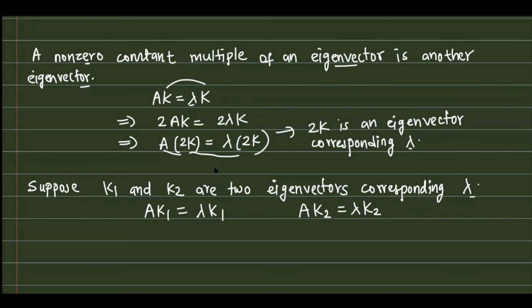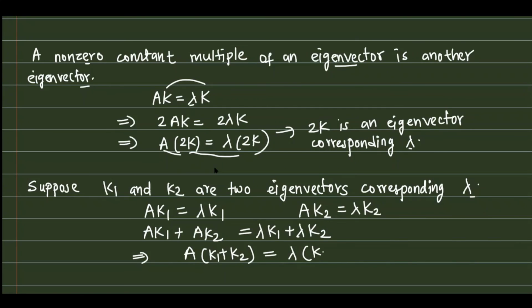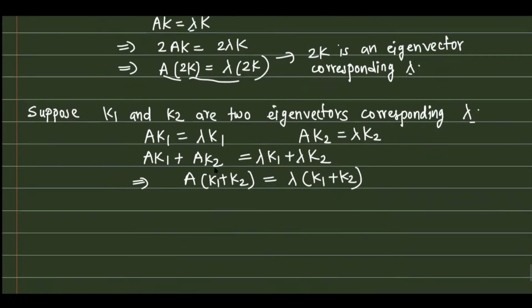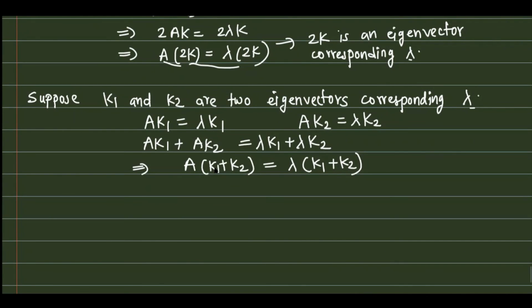Now, if we add these two, we will get Ak1 plus Ak2 is equal to lambda k1 plus lambda k2. So this can be written as A(k1 plus k2) equal to lambda (k1 plus k2). So now again this is of the form Ak equal to lambda k. Instead of k we have k1 plus k2.